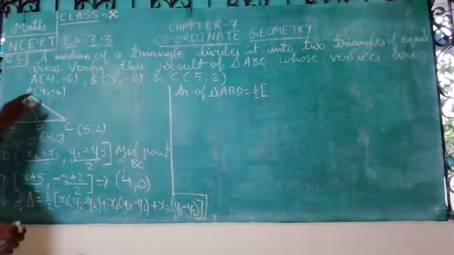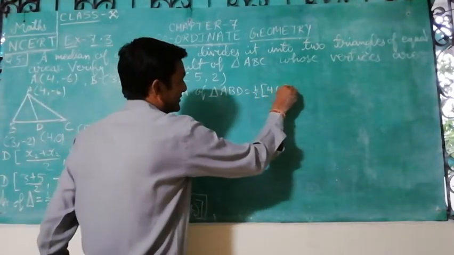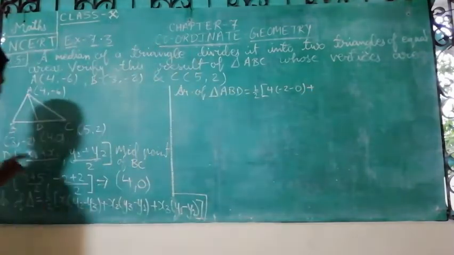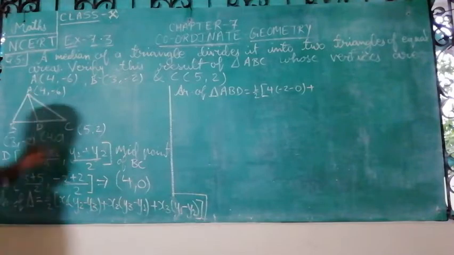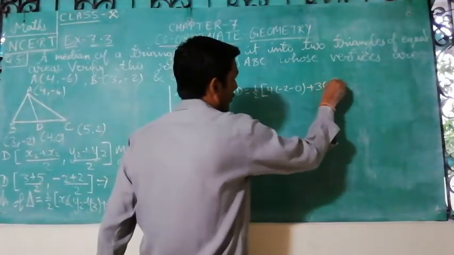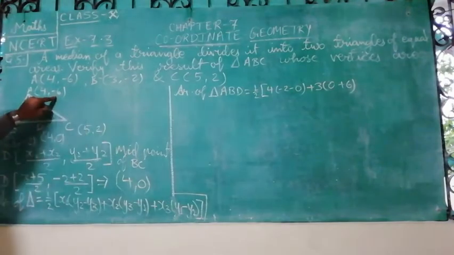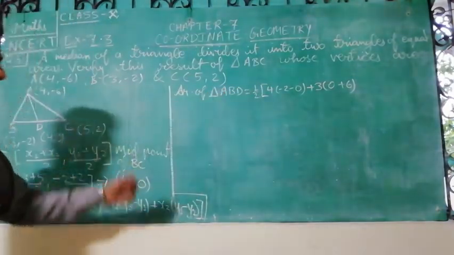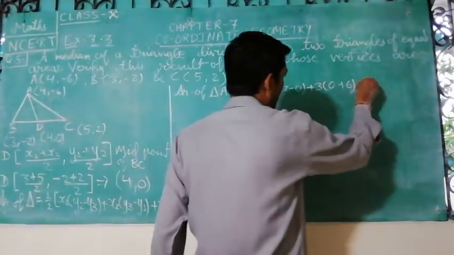So 4 into minus 2 minus 0, and then plus x2. x2 is 3. 3 into 0 plus 6, because this is negative 6. So in formula here it is minus, so minus into minus will become plus. So 0 plus 6 and then plus x3, that is 4.